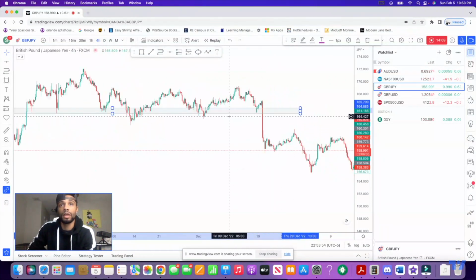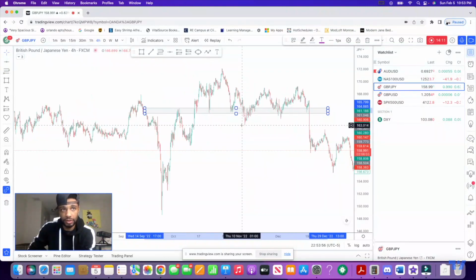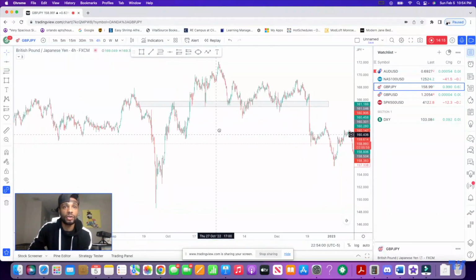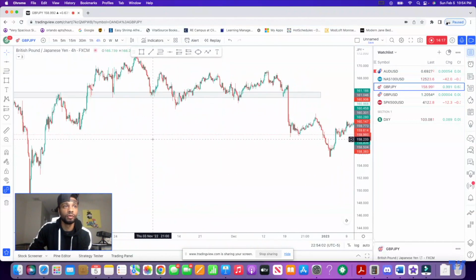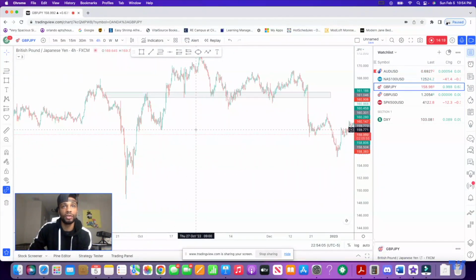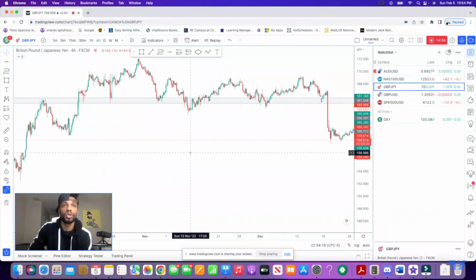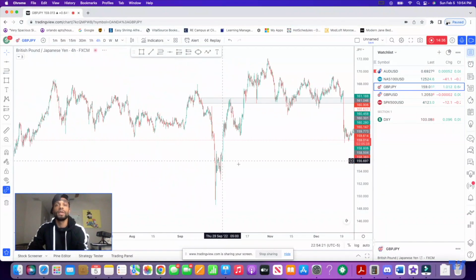Okay, so now, it's not going to always be super clean. As time goes on, you'll start to learn what price looks like, how big your zone needs to be, whether you want to use from the wick to the body, or whether you want to use wicks at all. It just really will depend on how you decide to trade and what strategy you decide to use.